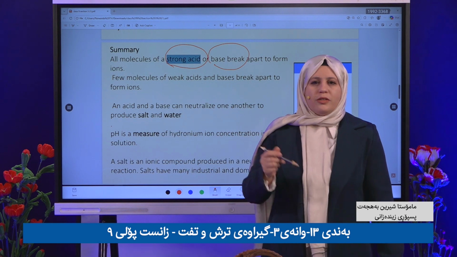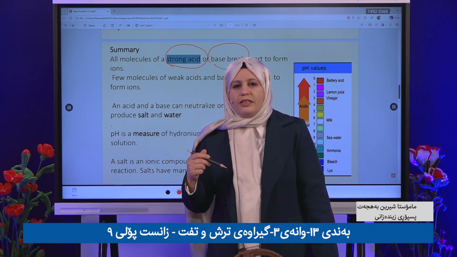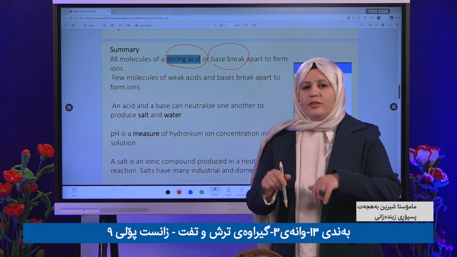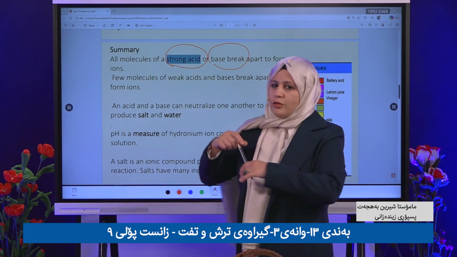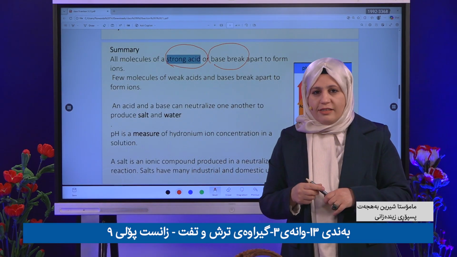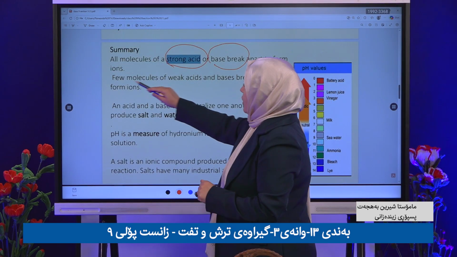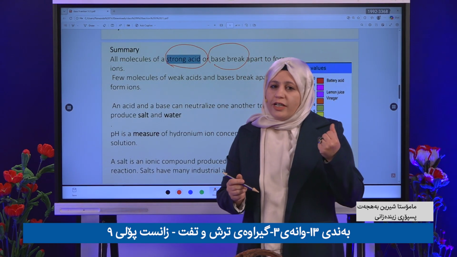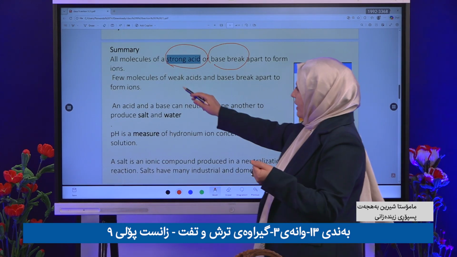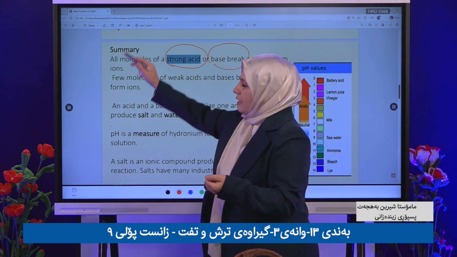How do you know a strong acid? We talked about it previously. When all molecules break apart in water and produce hydrogen ions. Clear? When few molecules break apart in water, we get which kind of acid? Weak acid. Okay? Be careful.